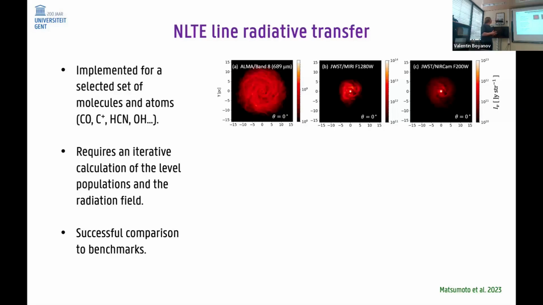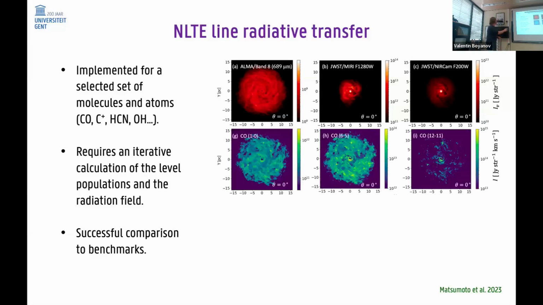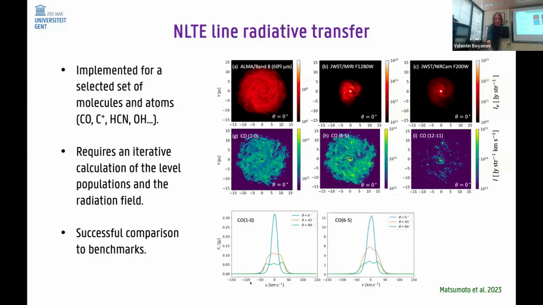But the nice thing is we can also now include line radiation in 3D structures like, again, this AGN torus, and we can predict dust continuum images like we see here, ALMA and James Webb images, but also images in different CO lines, and then predict how the line profiles differ in different transitions and in different inclinations. So we believe this works pretty well, and you're welcome to use it.